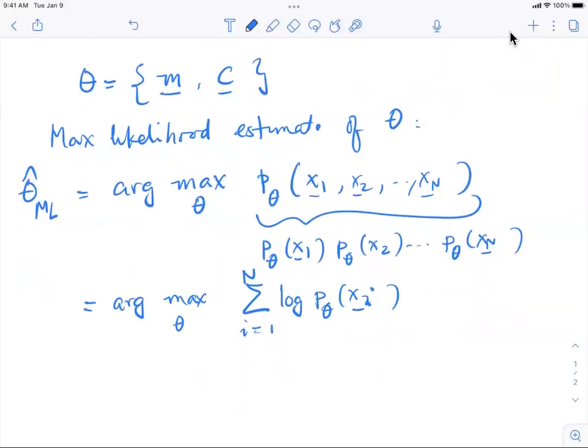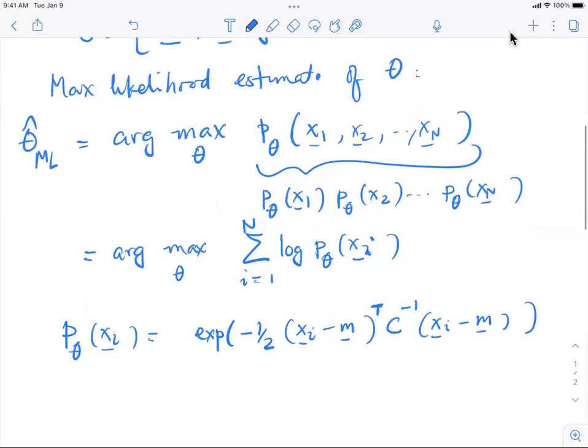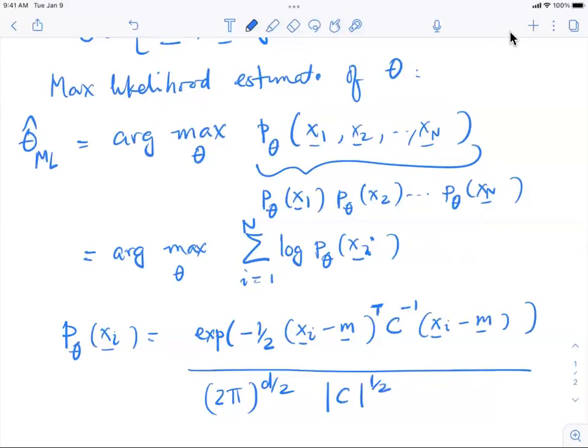And remember what the Gaussian density is. The Gaussian density p theta of xi, in d dimensions, is exponential of minus half (xi minus the mean) transpose covariance inverse (xi minus the mean), divided by 2 pi to the power d over 2 times the square root of the determinant of the covariance matrix.